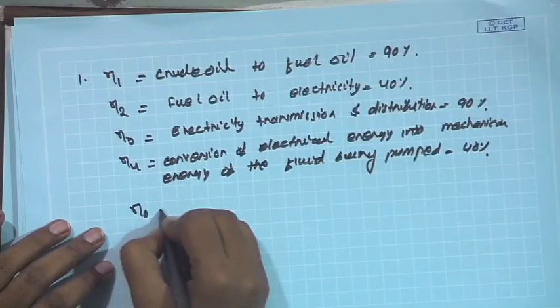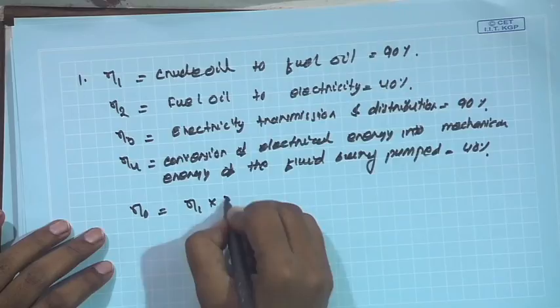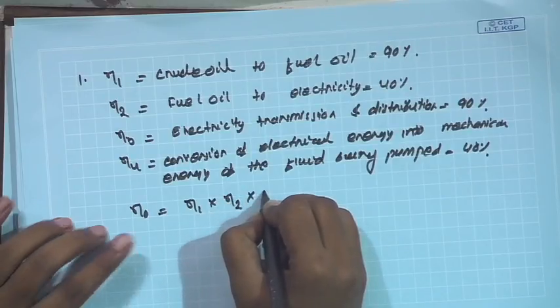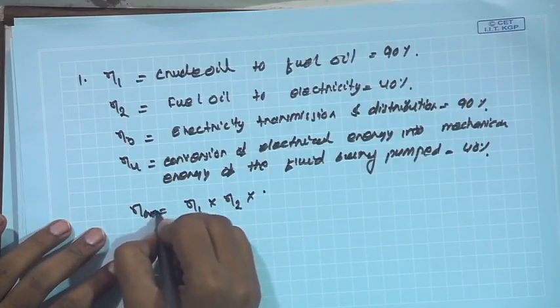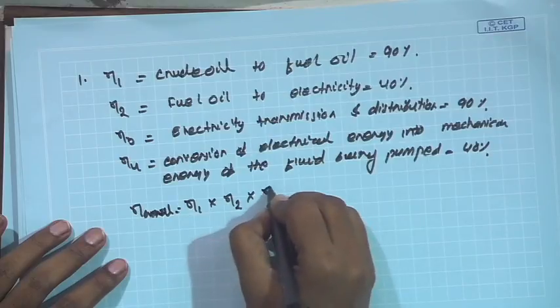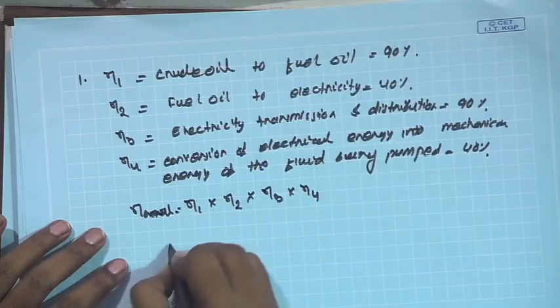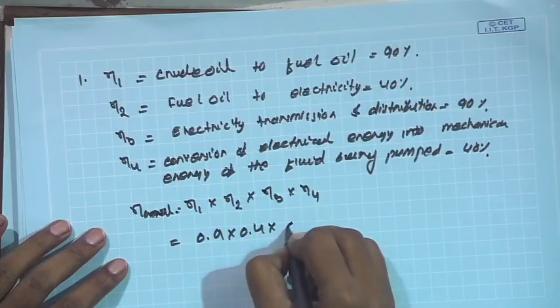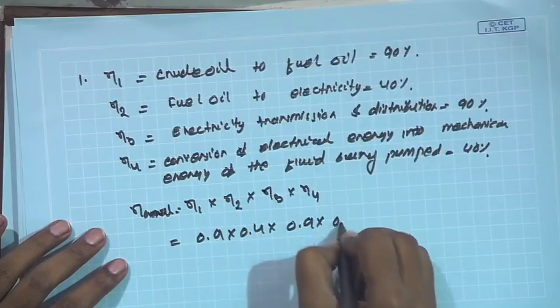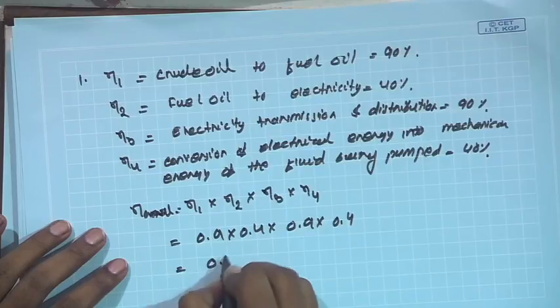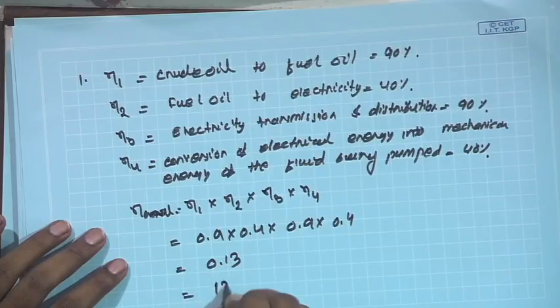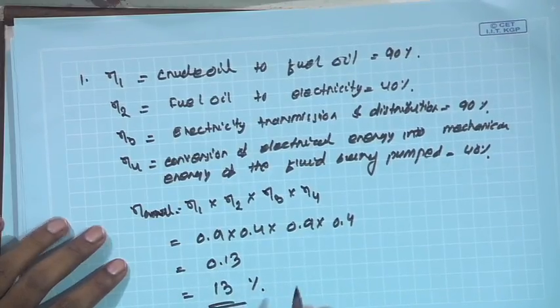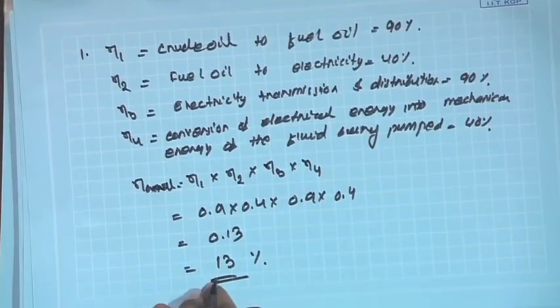Then the overall efficiency is the multiplication of the individual efficiencies. Overall efficiency, O for overall, is efficiency 1, 2, 3 and 4, that is 0.9 into 0.4 into 0.9 into 0.4, that is 0.13, that is, in terms of percentage, 13%. This is the solution of problem 6.